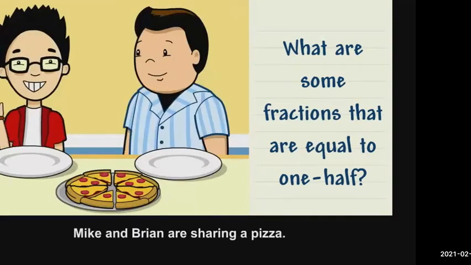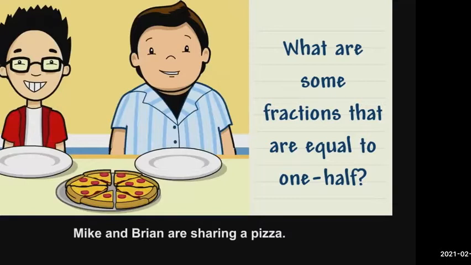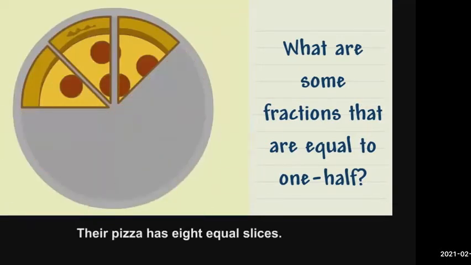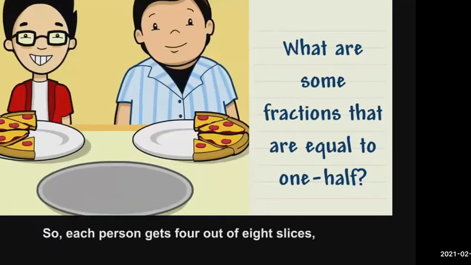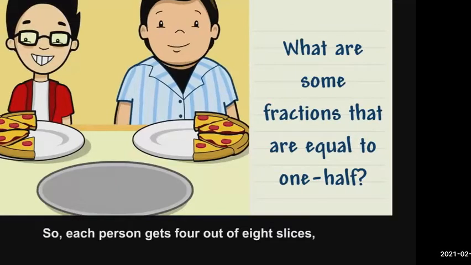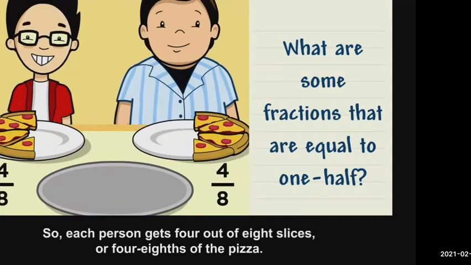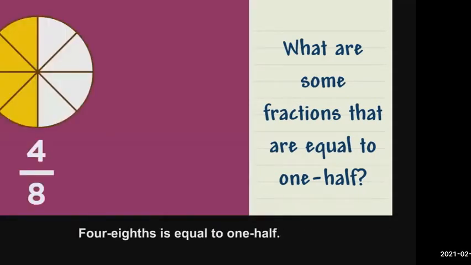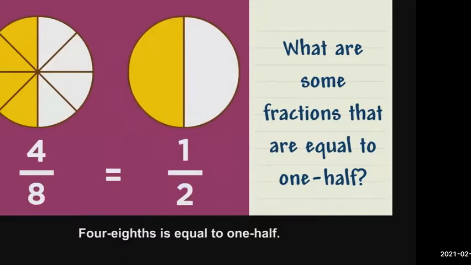Mike and Brian are sharing a pizza. Their pizza has 8 equal slices, so each person gets 4 out of 8 slices, or 4/8 of the pizza. 4/8 is equal to 1/2.